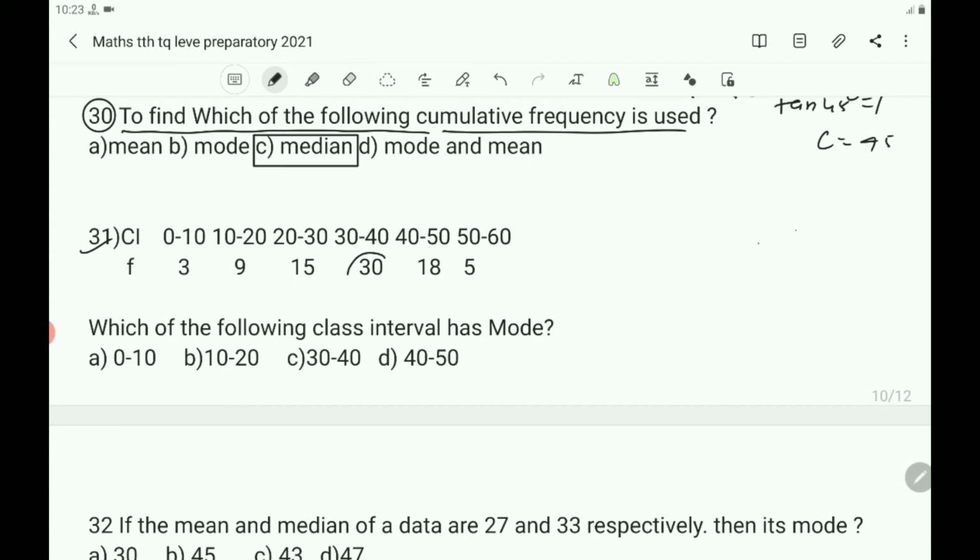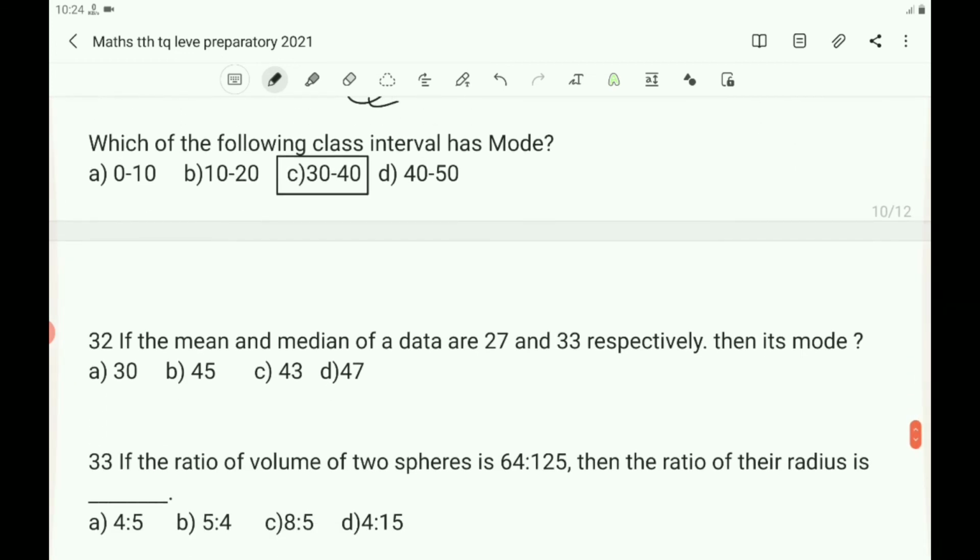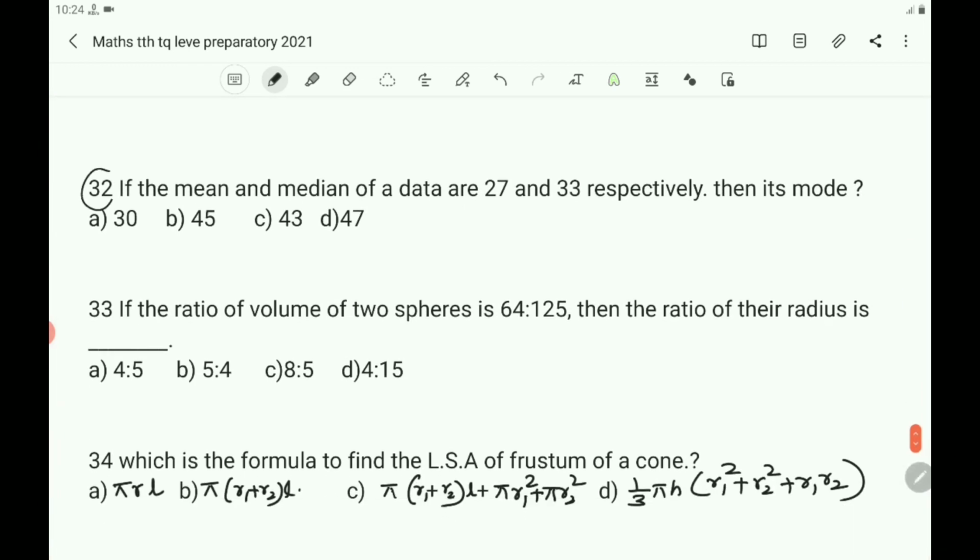You know that 30 is the maximum frequency and it is the frequency of the class 30-40. So which is the modal class? 30-40. So the class interval 30-40 has the mode.